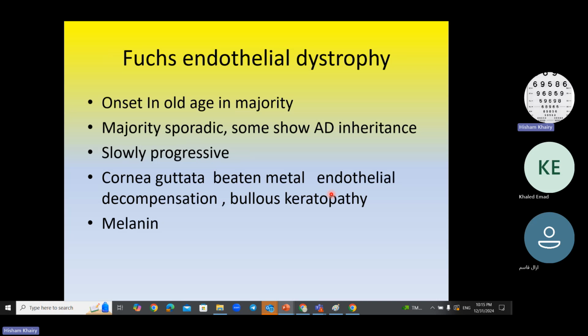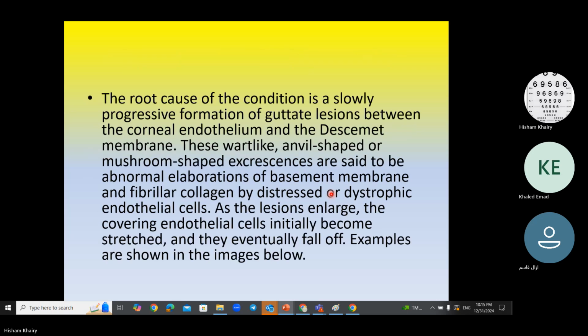The majority are sporadic. Some show autosomal dominant inheritance, slowly progressive. There is cornea guttata with beaten metal appearance, endothelial decompensation, bullous keratopathy, and there might be melanin. The root cause of this condition is slowly progressive formation of guttata lesions between the corneal endothelium and Descemet's membrane.